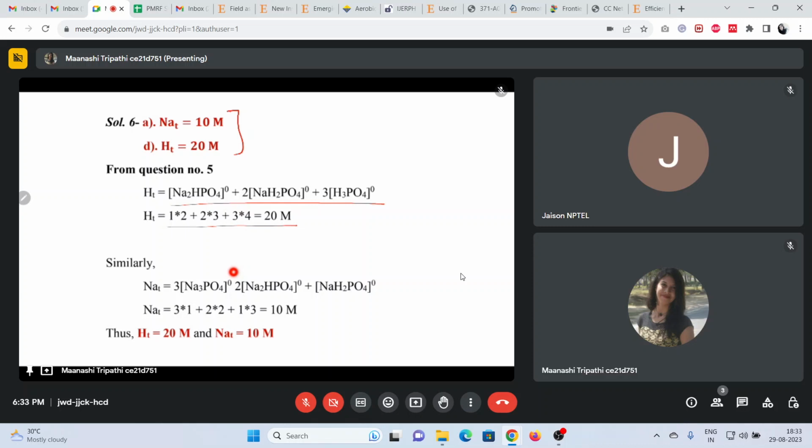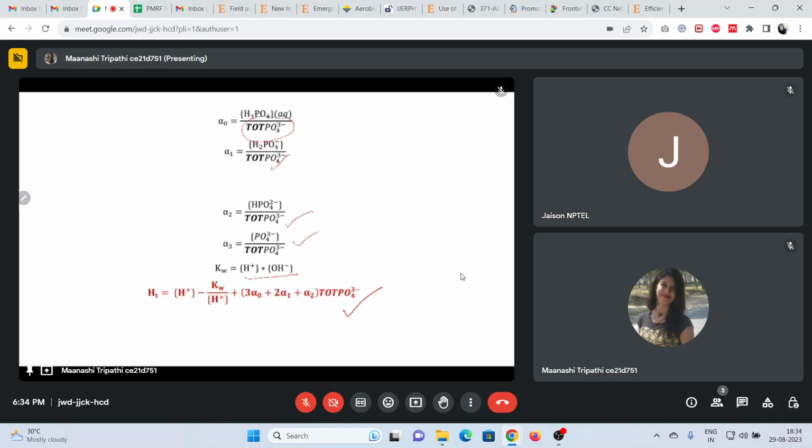Similarly, we got the same thing in question number 5 for sodium ion, right? I'll show you again. Just a second. This is for HT, and the same we can get for sodium ion.